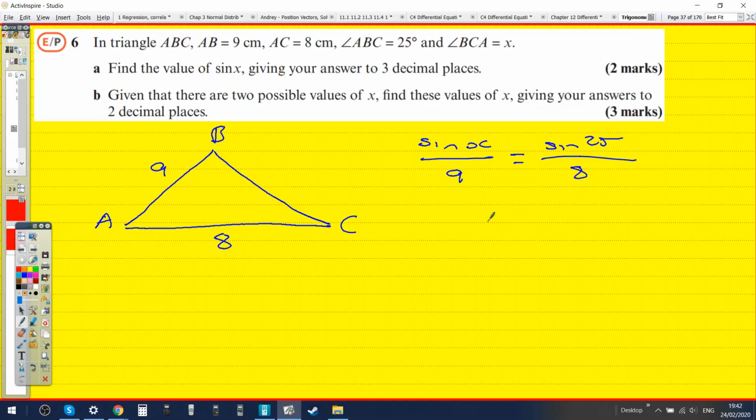Yep. And then do I just need to do sine x equals 9 times sine 25 over 8? Yep. Well done.